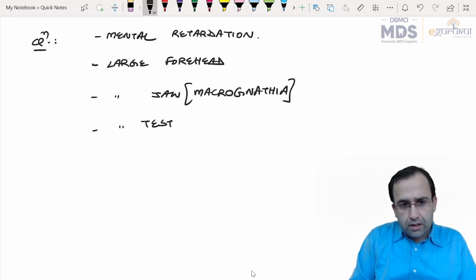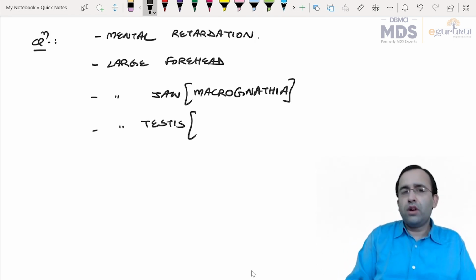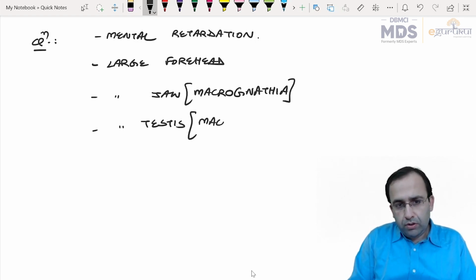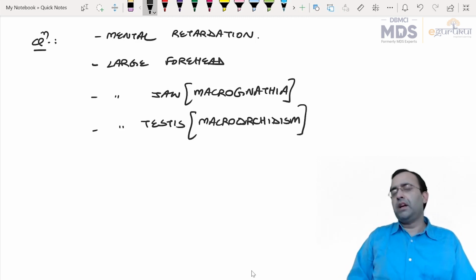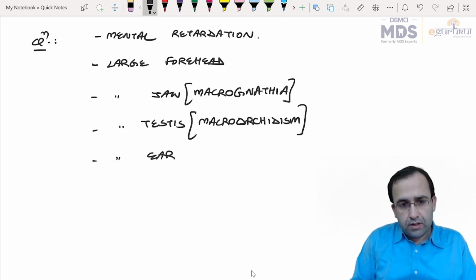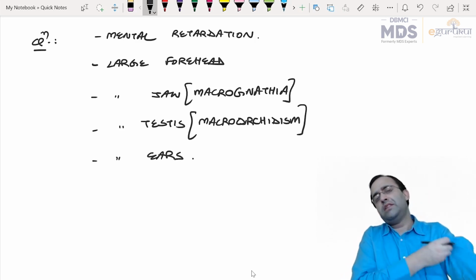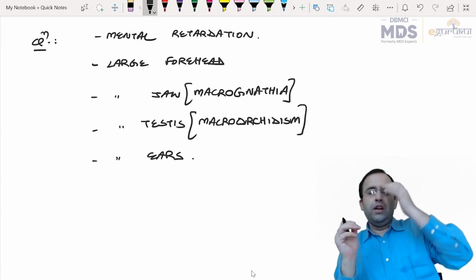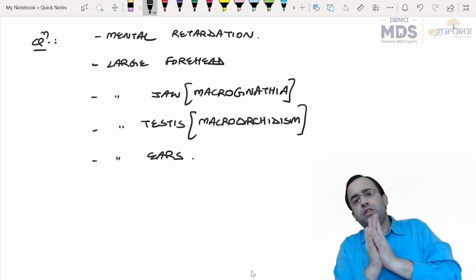Large testis. You tell me, what is large testis called? Macroorchidism. Large testis, that is macroorchidism. Large testis and large ears. So in Fragile X syndrome, everything is large: forehead, jaw, testis, ears.